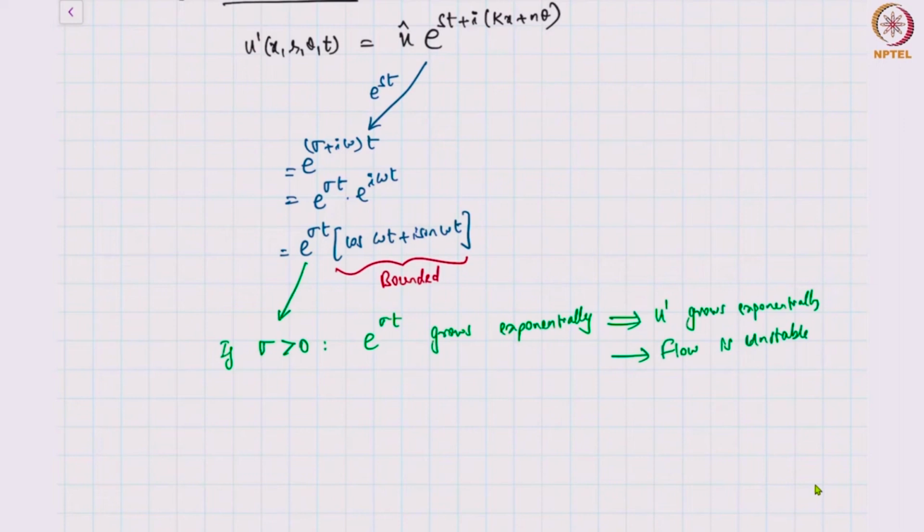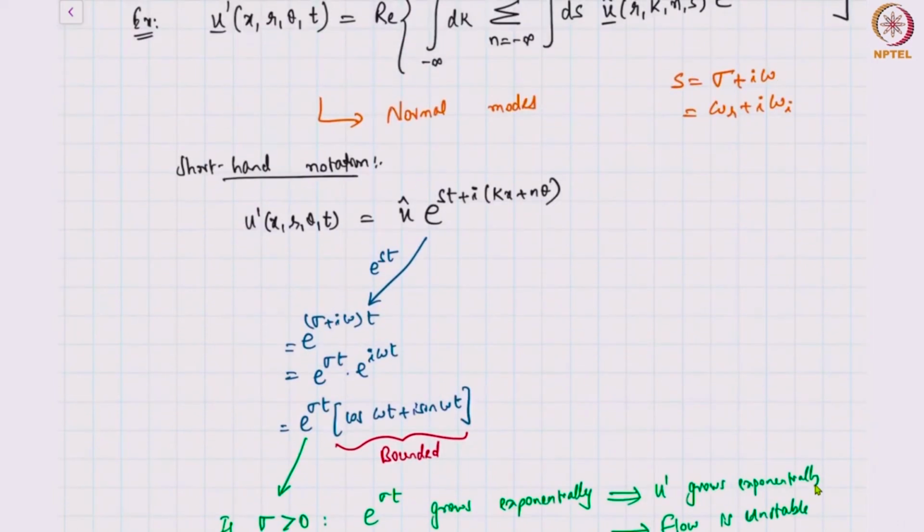You could be fixing a flow parameter like a Reynolds number and ask what is the value of sigma that you get, or the real part of s. The sigma is called the growth rate.